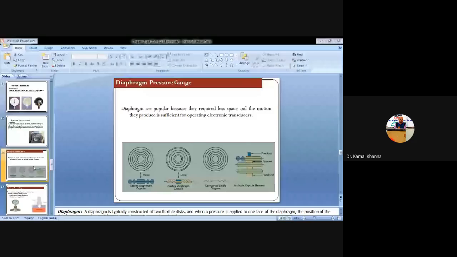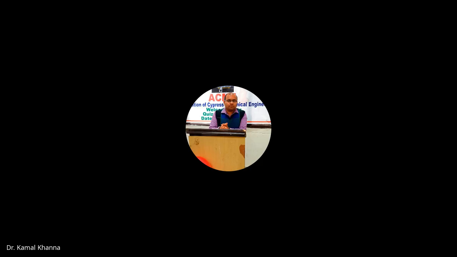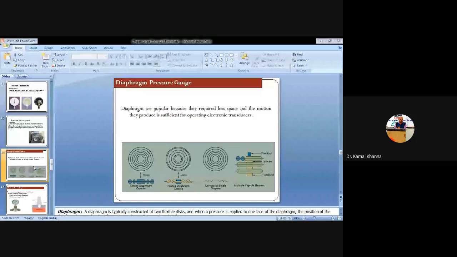Here the pointer in turn moves on a graduated scale that indicates the pressure intensity, and this is also used to measure very low pressure differences with the help of the diaphragm. The Bourdon tube is basically used to measure high values of pressure, whereas the diaphragm can measure low pressure intensities also.